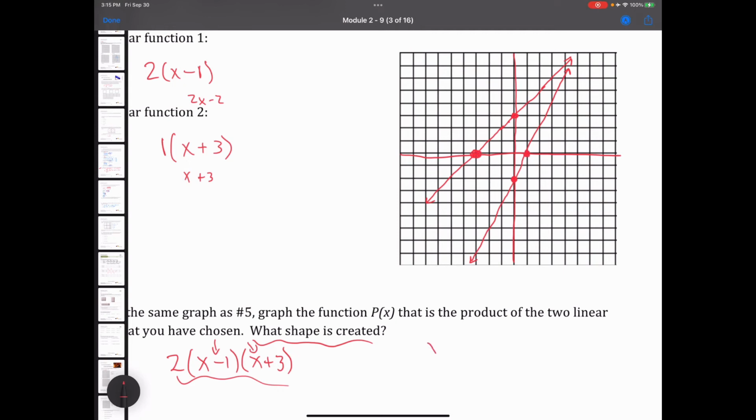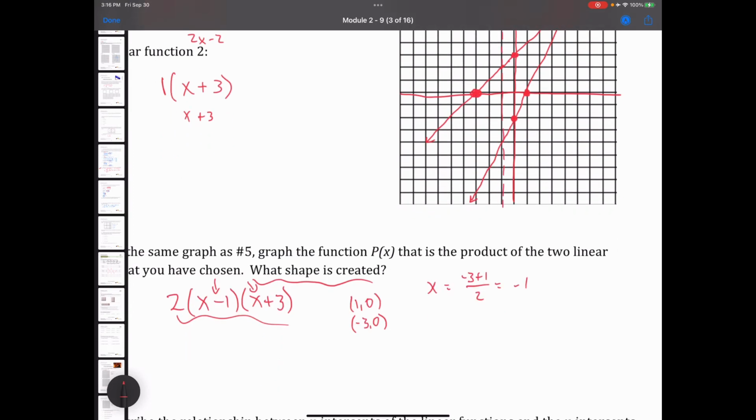The axis of symmetry should be the average of those x-intercepts, which are 1, 0, and negative 3, 0. To find the average, I'll need to do negative 3 plus 1 divided by 2. So that should be negative 1 is the axis of symmetry right here. So I can go ahead and plot that down.